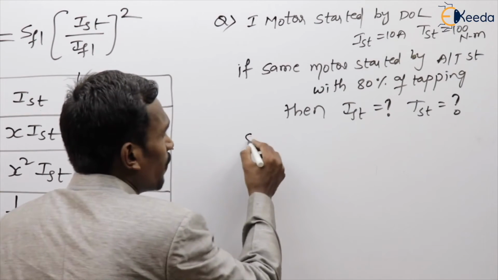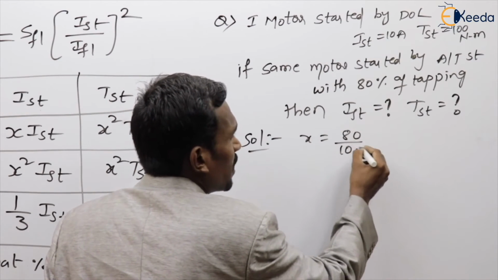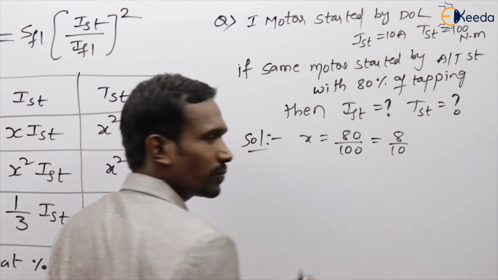So the given X value, X is equal to 80%, nothing but 8 by 10.